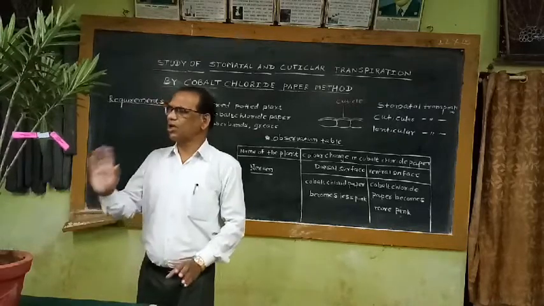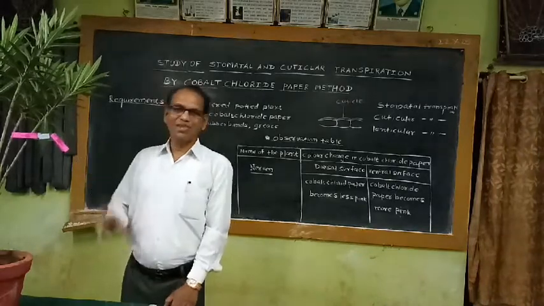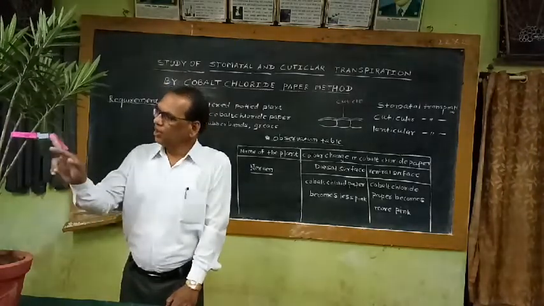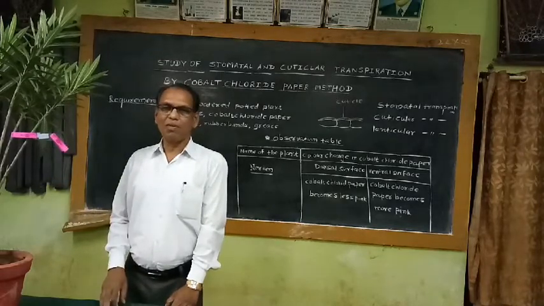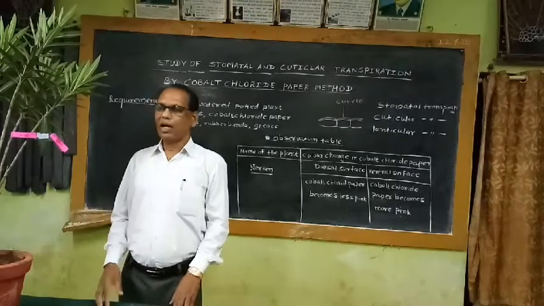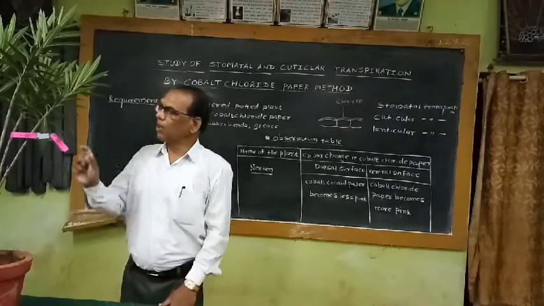So you should keep this potted plant on which one of the leaves is selected, and on both surfaces of the leaf, small strips of cobalt chloride paper are placed, on which slides are kept, and both slides are tied with the help of rubber band or clips.